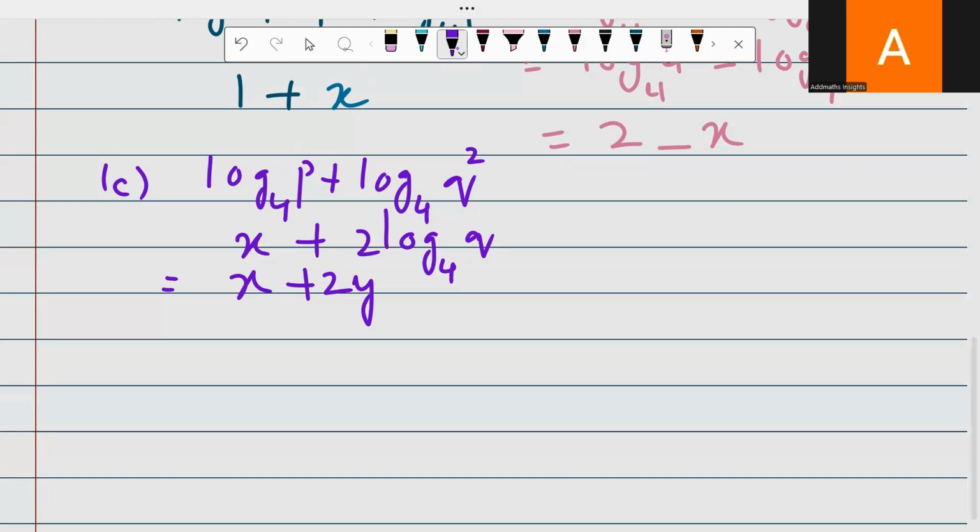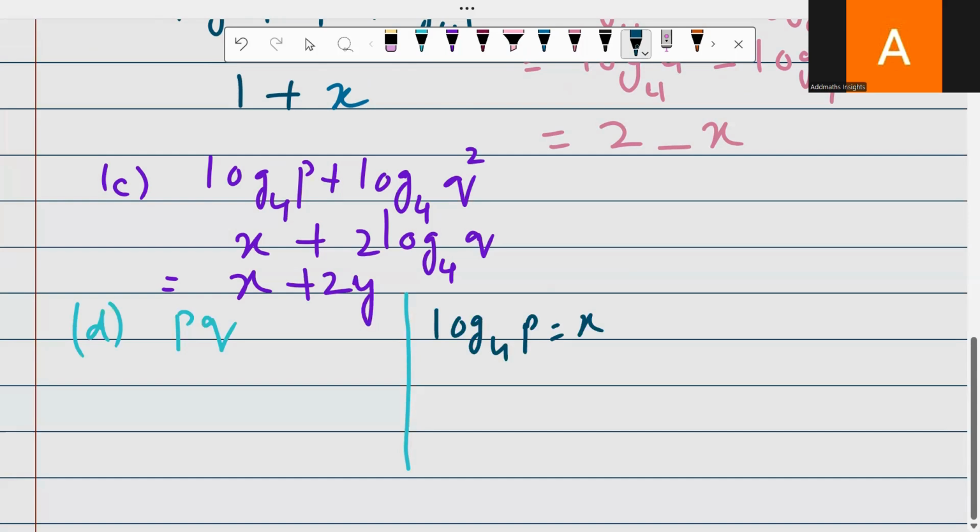Now part D is a little different from the above three parts. Here you have to find the value of p and q. It is given that log 4 p is x, so you can express this in exponential form and write p is equal to 4 raised to the power x.